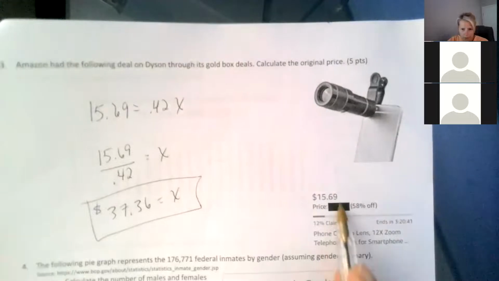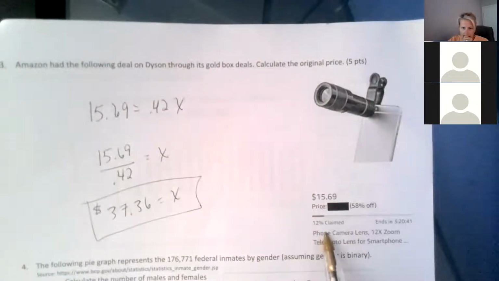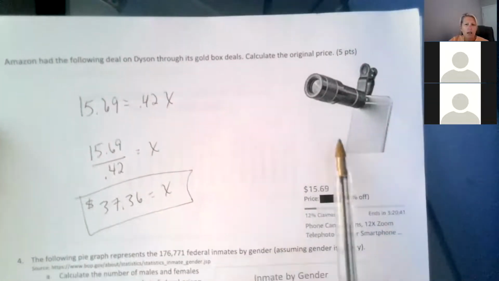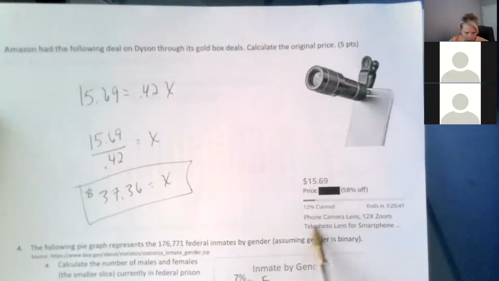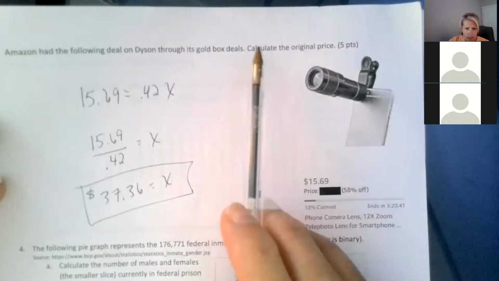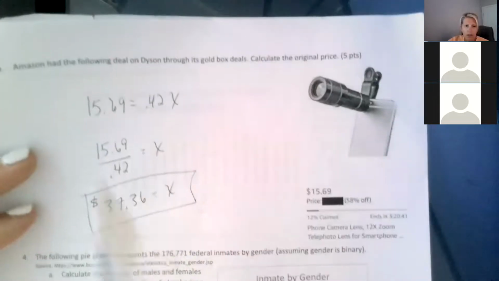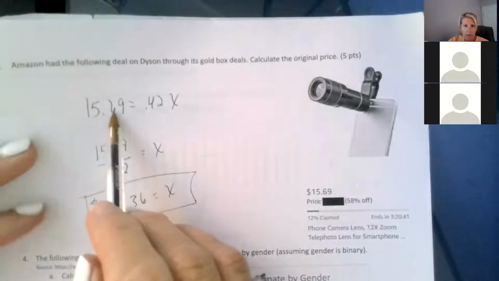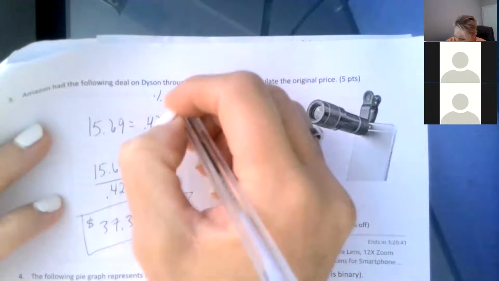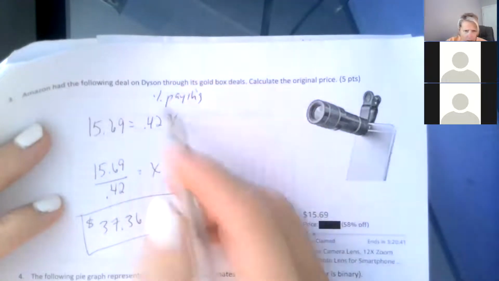Okay, question number 3. We gave you this little sales sign that would be displayed at the store on this Dyson lens here, and it says they want us to calculate the original price. So because $15.69 is the price that we're paying, we have to use the percent that we are paying, right?